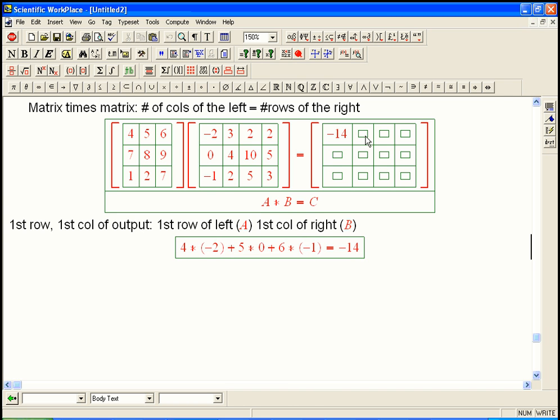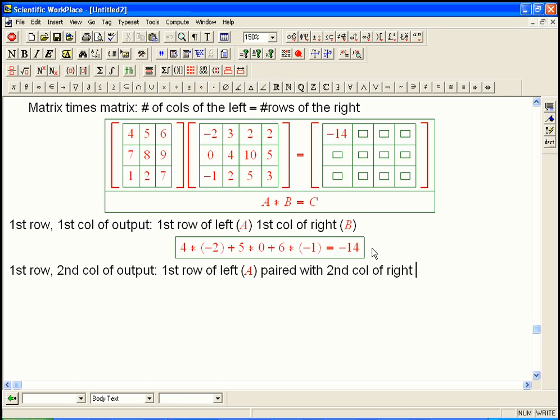Now what about the first row, second column of the output? That's the first row still of the left-hand one, A, and we pair it up with the second column of the right-hand one, which we're calling B. Scratch computation is 4 times 3 plus 5 times 4 plus 6 times 2.